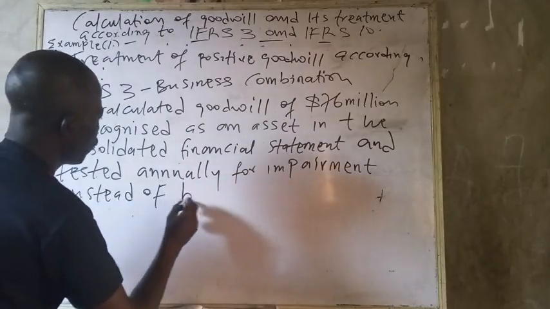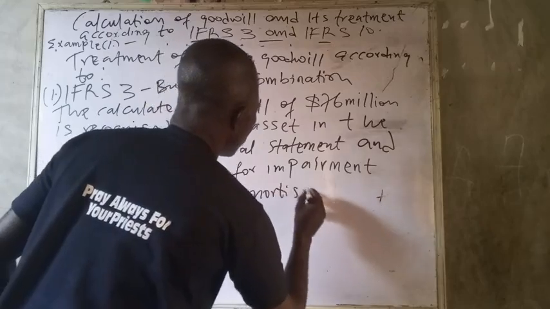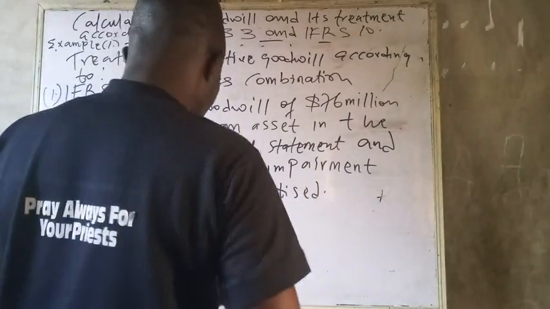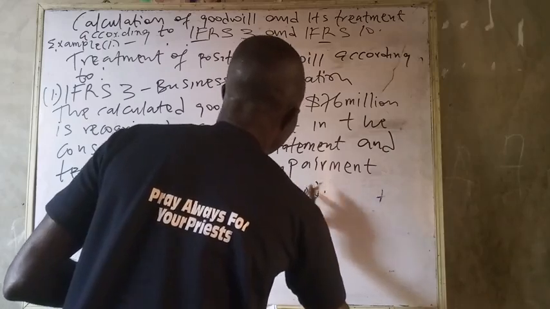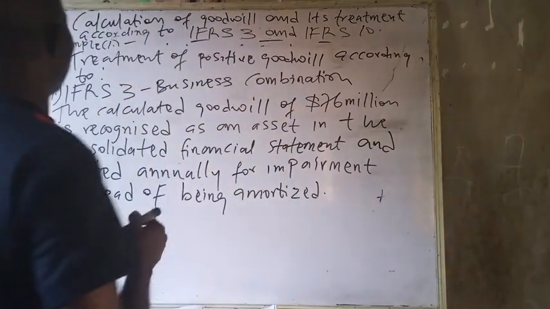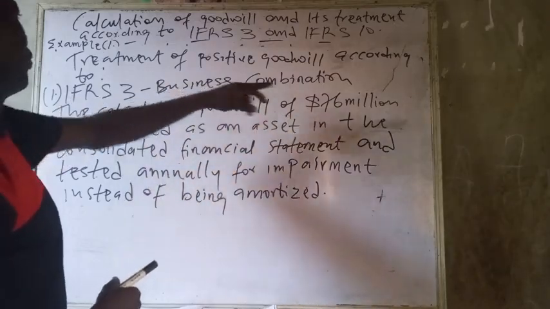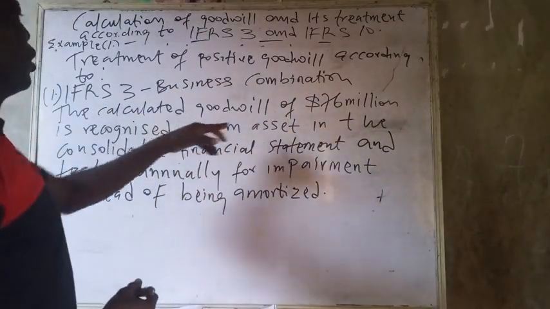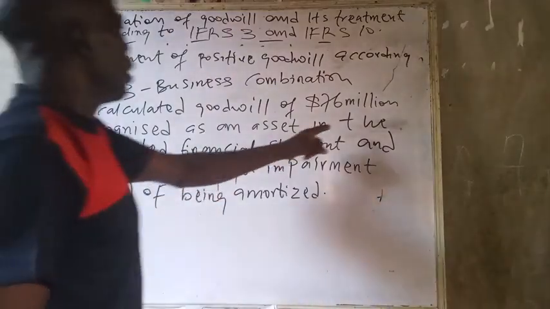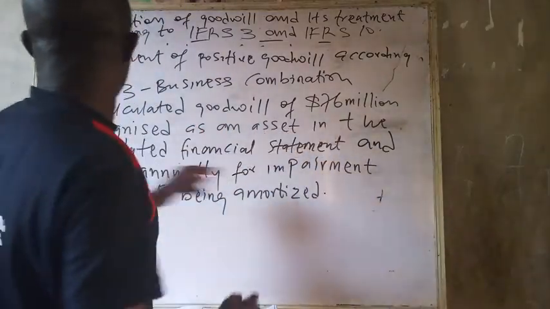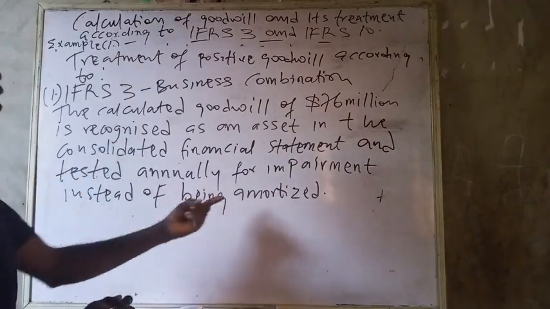We are going to treat impairment later. So that is the treatment of goodwill in accordance with IFRS 3 business combination. First, the calculated goodwill of $76 million is recognized as an asset in the Consolidated Financial Statement. And secondly, tested annually for impairment.